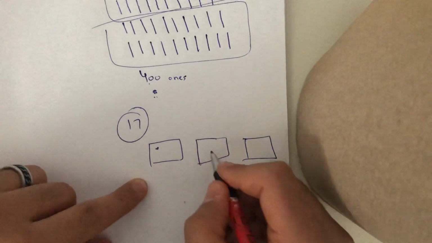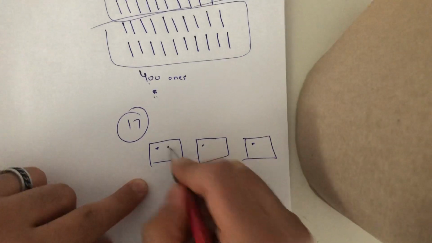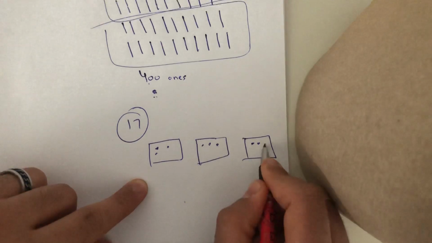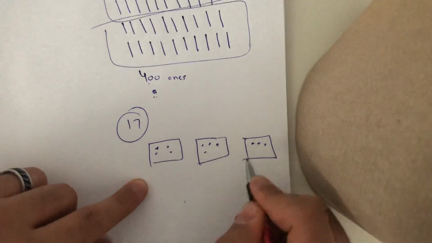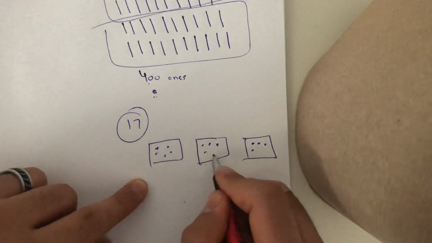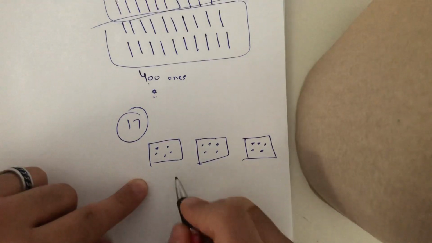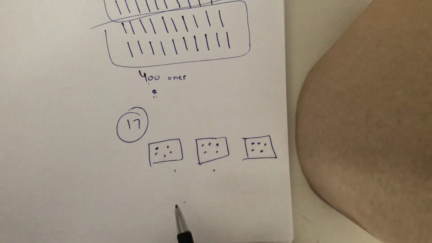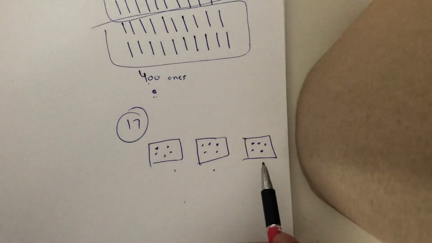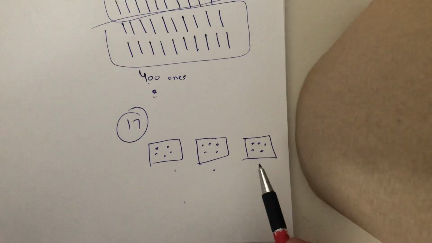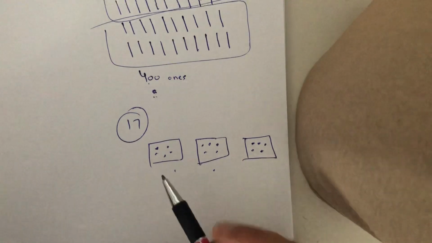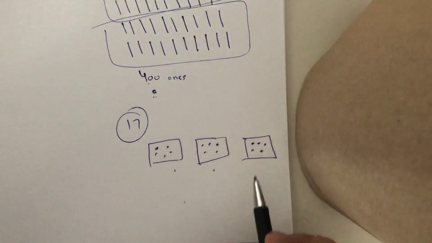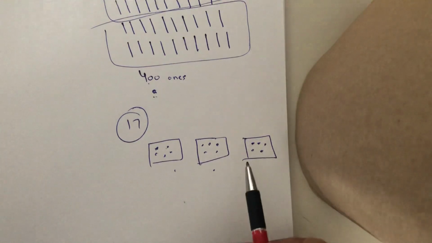So you got 1, 2, 3, 4, 5, 6, 7, 8, 9, 10, 11, 12, 13, 14, 15, and then 16, 17. I cannot put 16 in here. I cannot put the 17 in there because it wouldn't be fair to have unequal groups. So far we got 1, 2, 3, 4, 5 in this group, 1, 2, 3, 4, 5 in this group, 1, 2, 3, 4, 5 in this group.